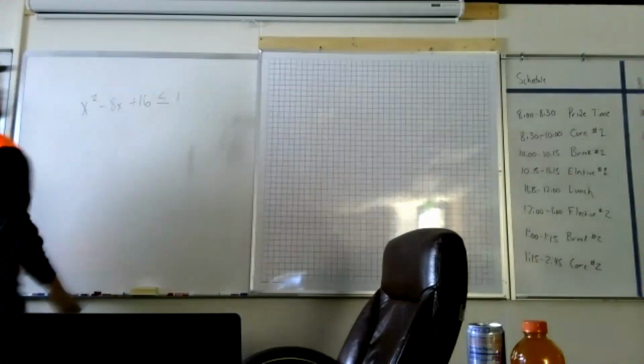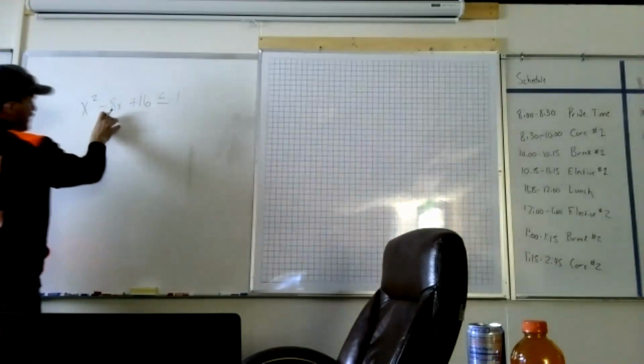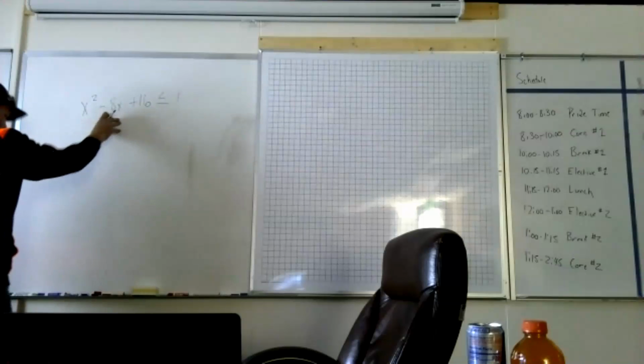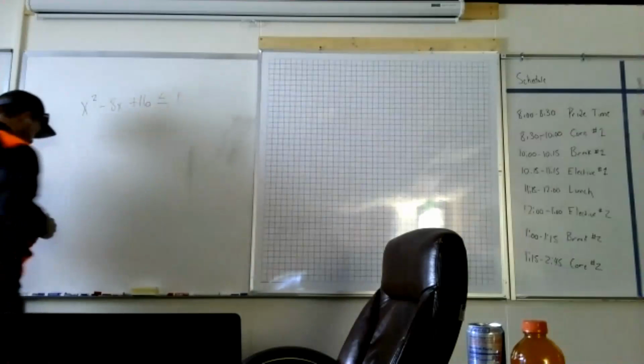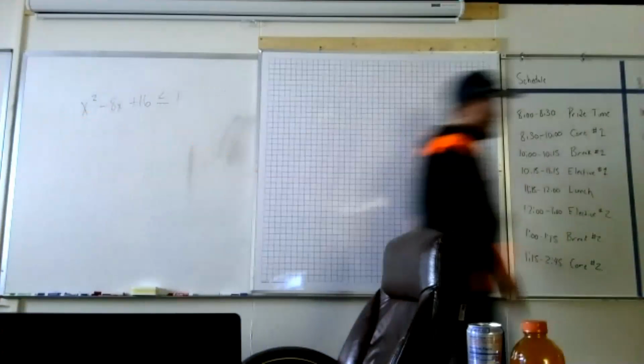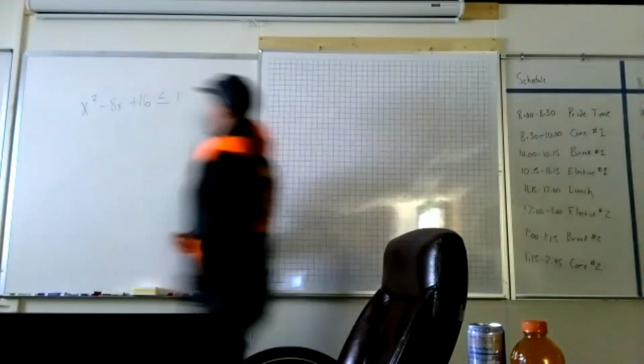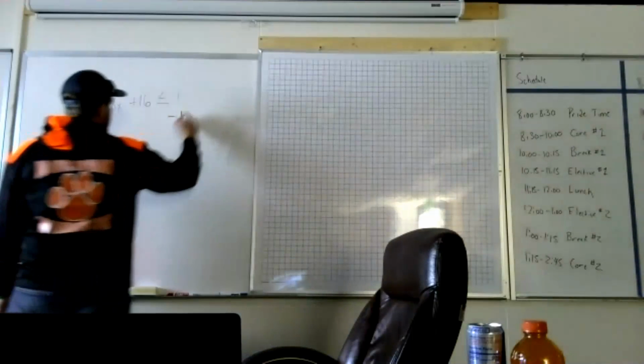So more or less, what x values would we plug in to get a y value, or an f of x value, that is less than 1? That is what we're trying to find.